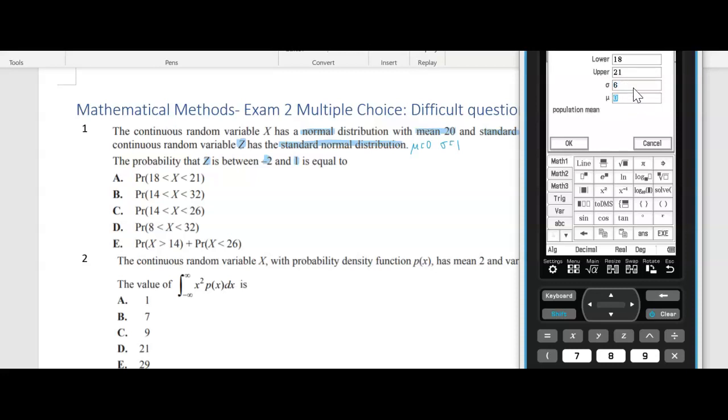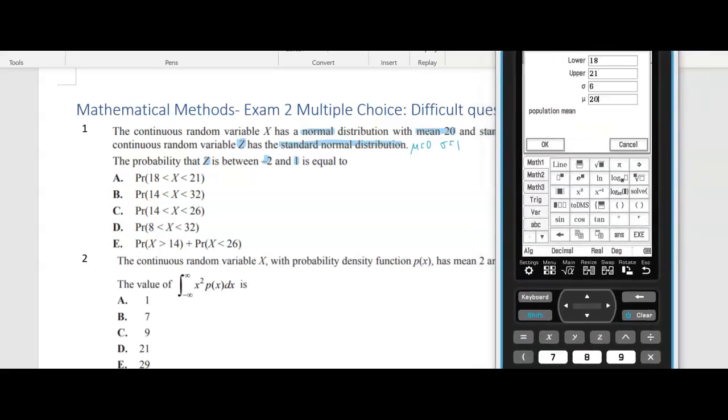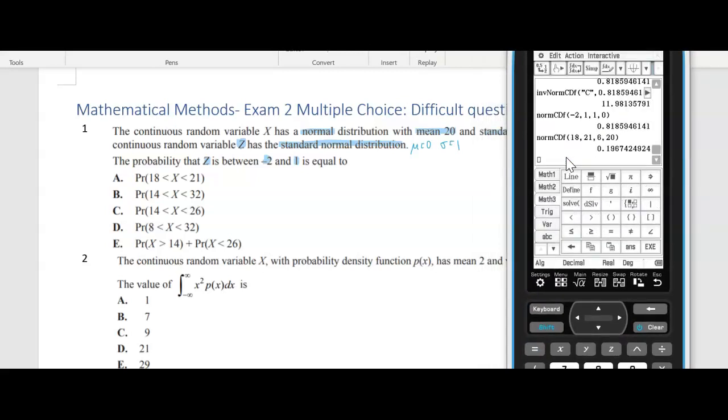I might just make sure it is 6 underneath our calculator. There it is. Okay, so there's the probability for that one. So let's just keep changing our lower limit and our upper limit. So 14 to 32. The mean and standard deviation stay the same. And you can see they're now equal.